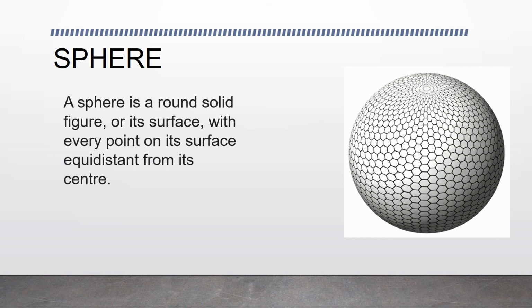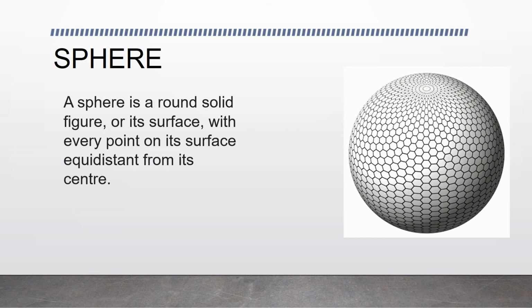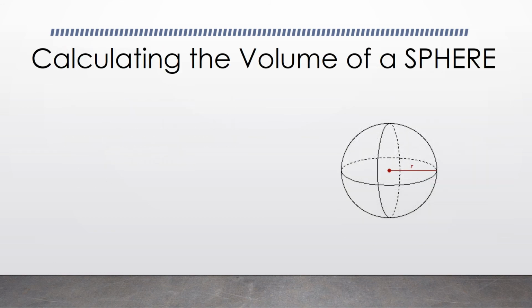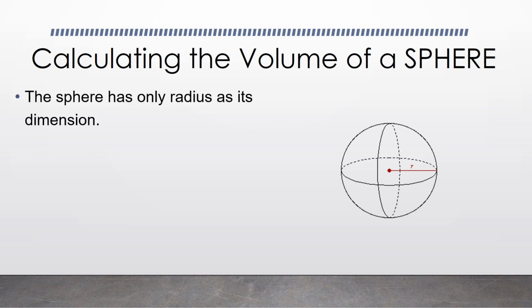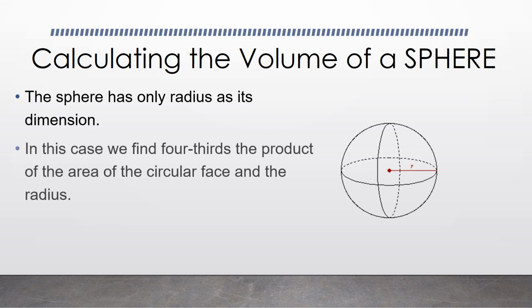How to calculate the volume of a sphere? Now, the sphere has only radius as its dimension. Therefore, in this case, we find 4/3 the product of the area of the circular face and the radius.